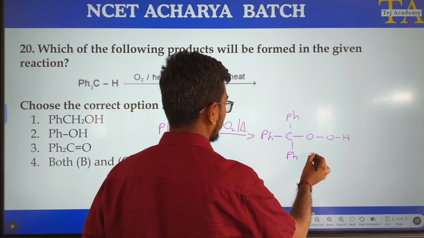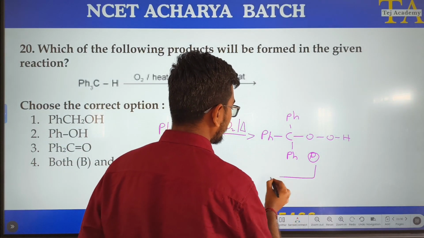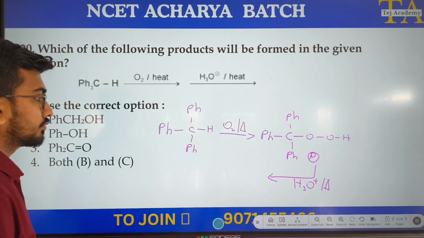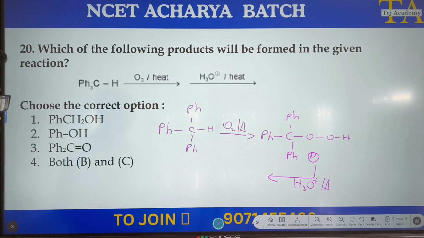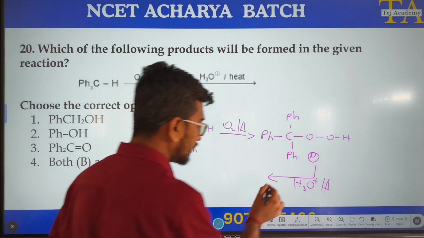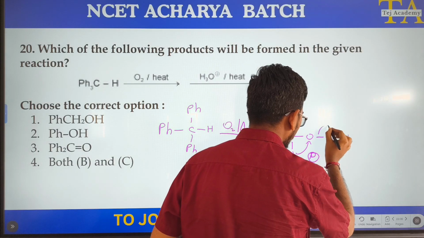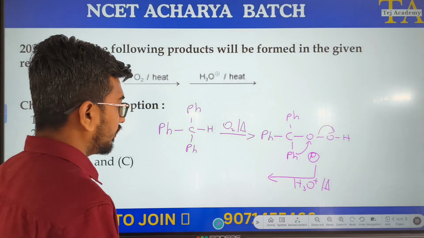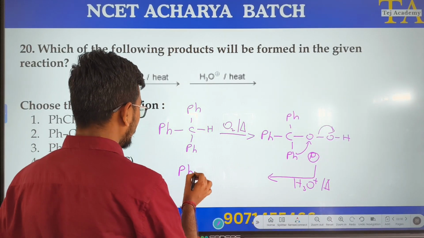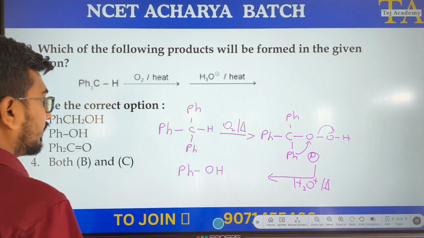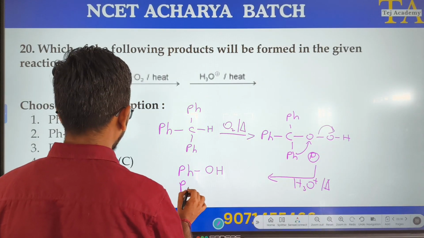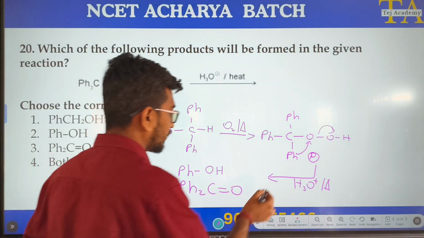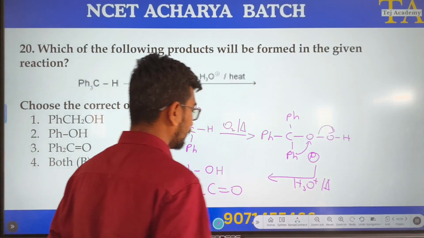So this is A. Now for this they are going to treat with H3O+ along with heat. So what will happen here? This Ph will shift here and this oxygen bond will shift. And finally we'll get two different products. One is Ph with OH and another one is Ph2C double bond O. So after moving this Ph here, C double bond O formation will happen.